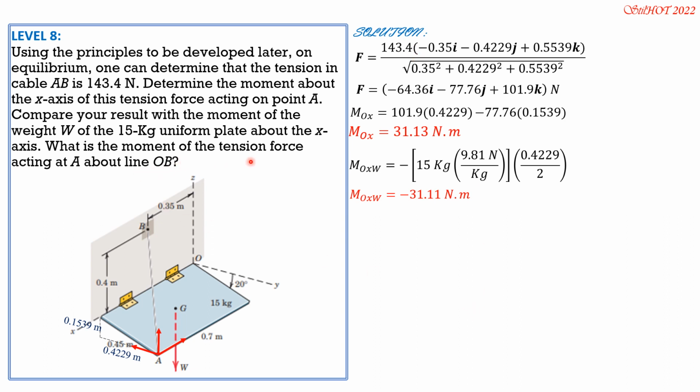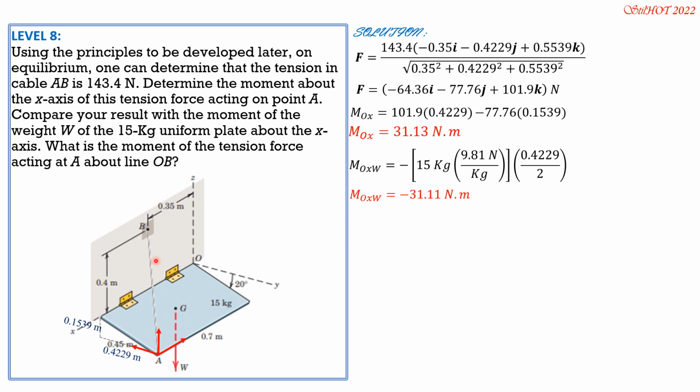What is the moment of the tension force acting at A about line OB? So you have to apply the cross product, ROB cross tension. The OB direction is 0.35I, 0.4K, cross the force in vector form, then you have to show that it is zero.